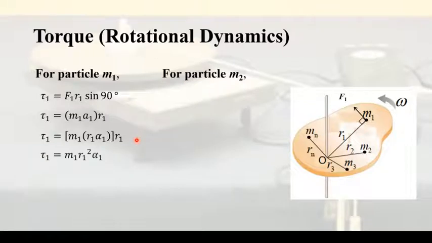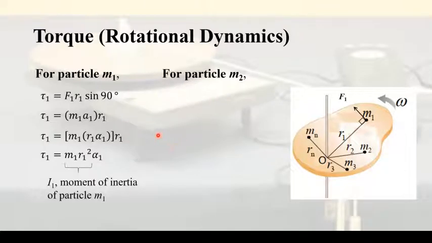I simplify it and get torque 1 equals m1 r1 squared alpha 1. And in this answer, I'm going to call m1 r1 squared the moment of inertia. So I1 is the moment of inertia of particle m1.